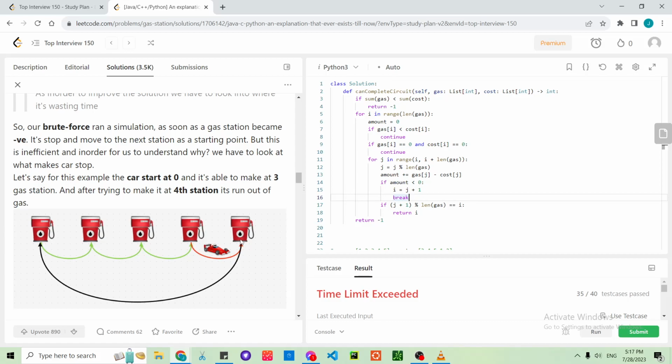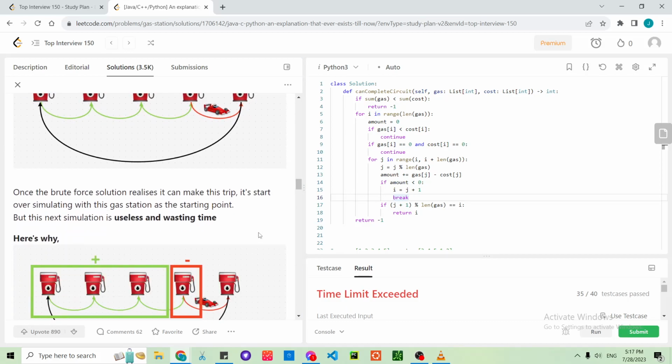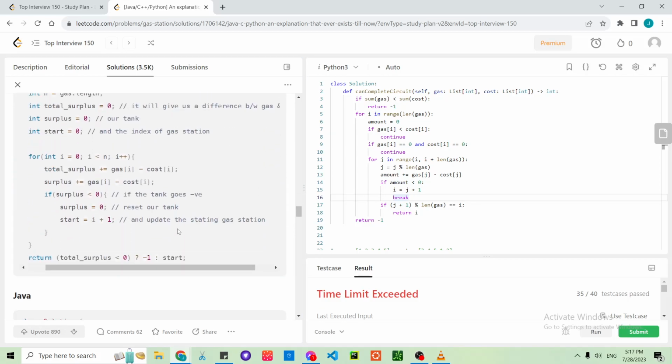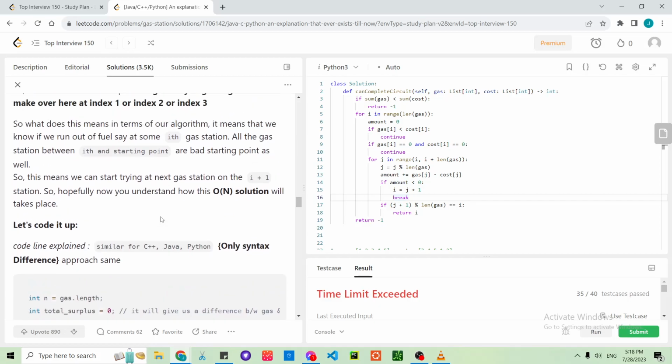But how is this making sure that it goes all the way around? Because it doesn't go all the way around. So I guess the only thing that it's checking is just this total sum.